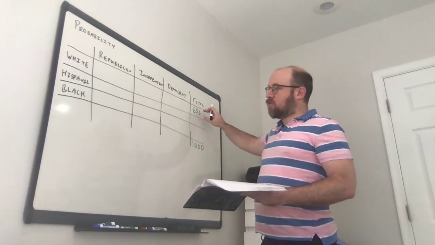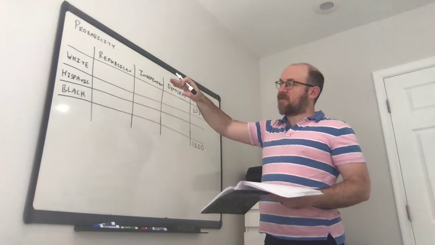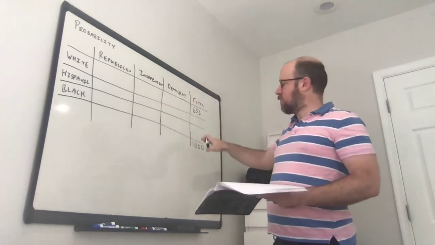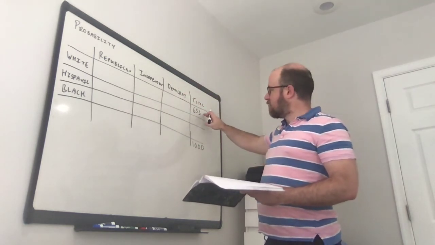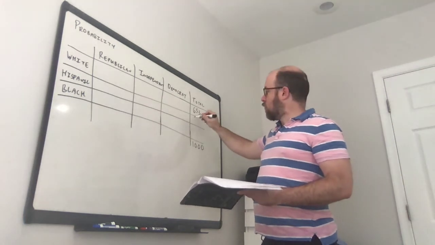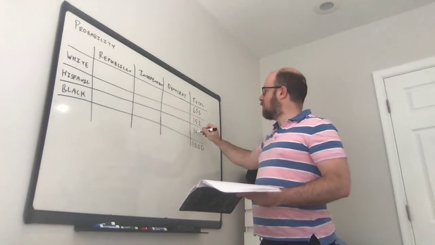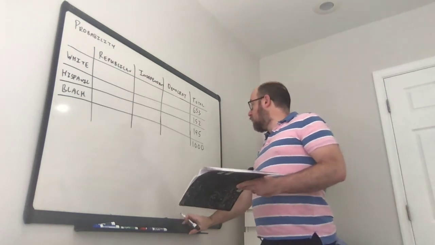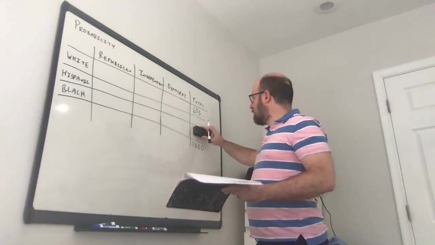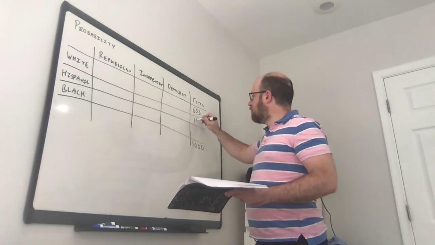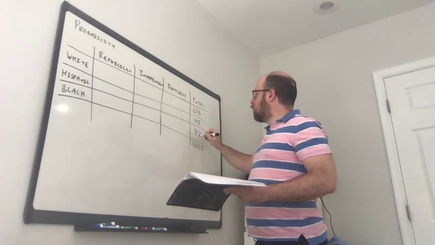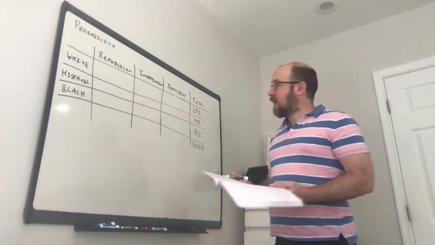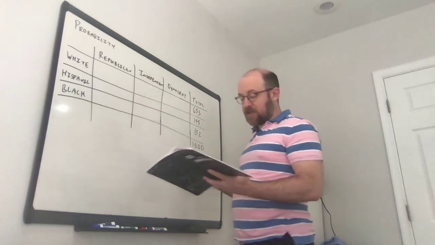But if you took people who identify as white, Hispanic, and black, if you took 1,000, 653 would be white, 195 would be Hispanic, and 152 would be black.